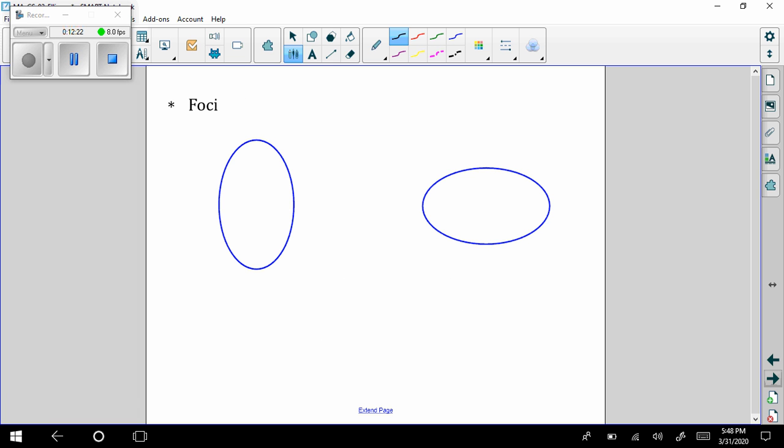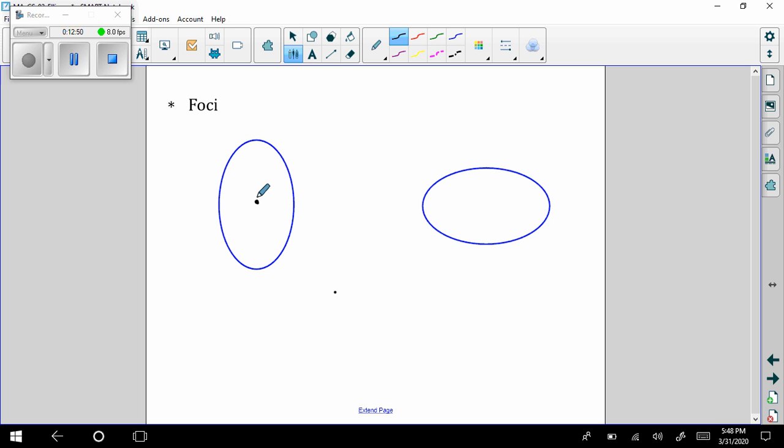All right, so the last piece of an ellipse is called the foci. So the foci sit on the major axis of a vertical ellipse or a horizontal ellipse, and the foci points sit just inside the vertices.